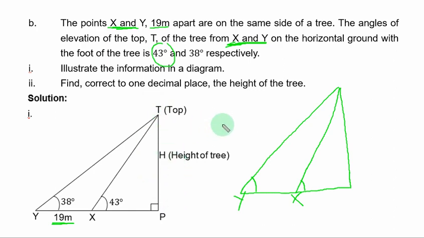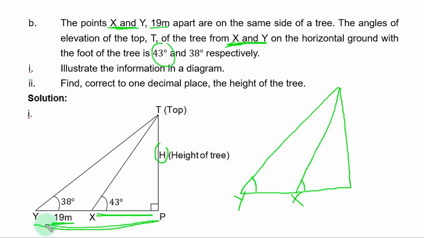Height of the tree. Now let's explain that. To get the height of the tree, it is possible to use triangle TPS, but you don't know this place. You can't do that. If you look at triangle TPY, the whole of this length is needed and is unknown.